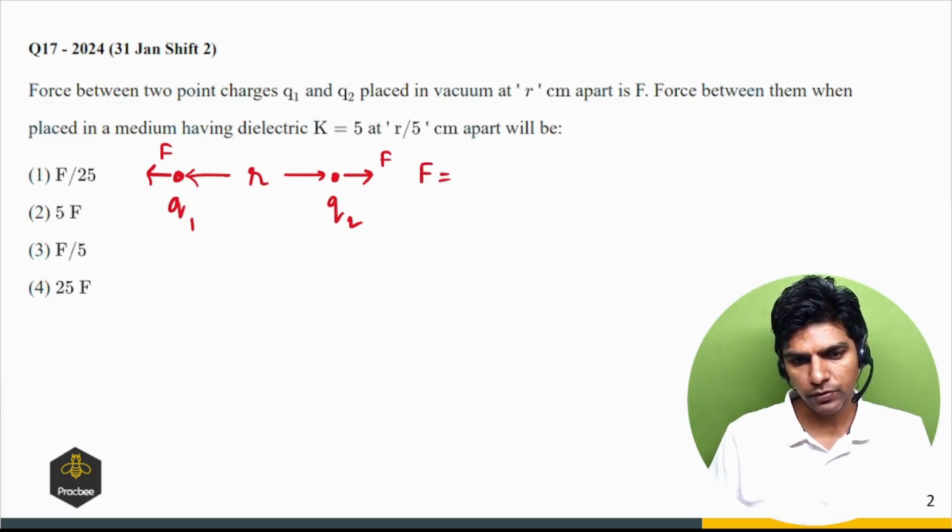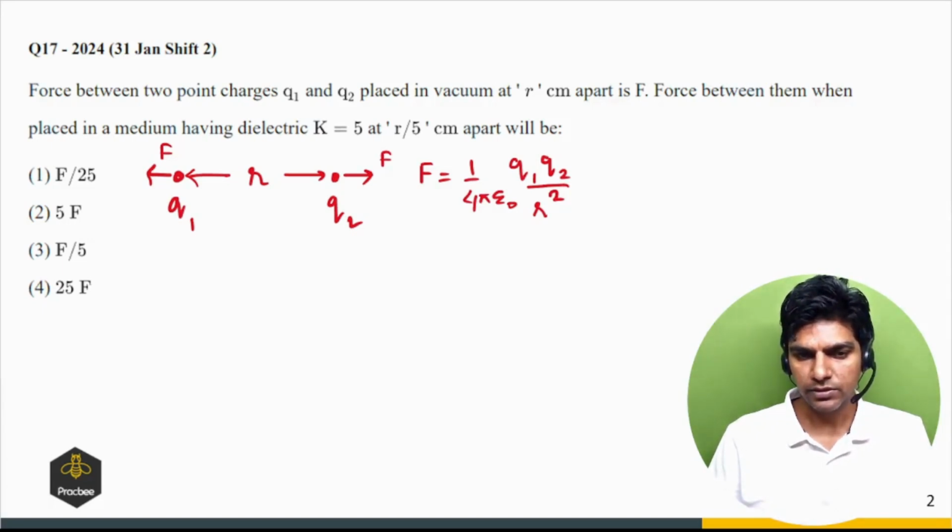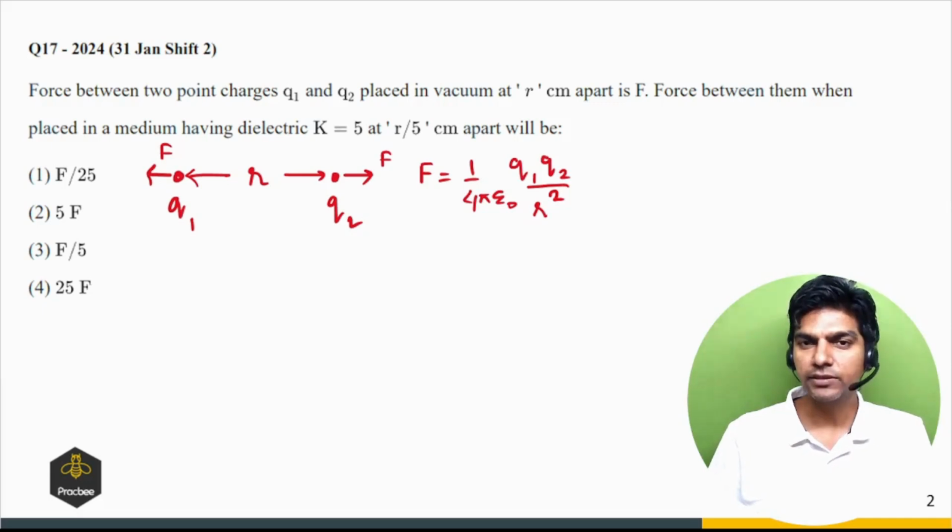And we can say this force will be 1 upon 4 pi epsilon naught times Q1 Q2 upon r square. Now what we have done, the force between them when placed in a medium having dielectric constant K, which is 5, and the distance is r by 5 centimeters. So now we have changed the medium, and we know that if we change the medium, the permittivity will change. So in the new medium, the permittivity will become K times epsilon naught, right?